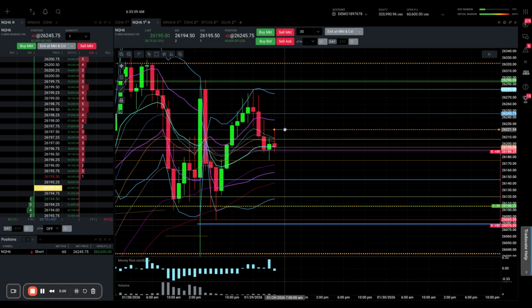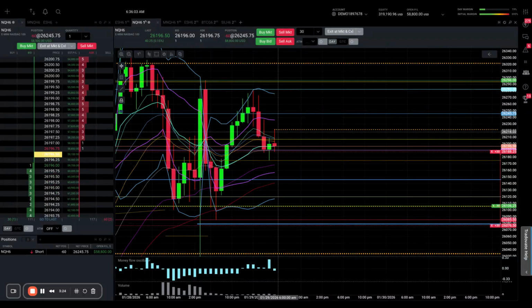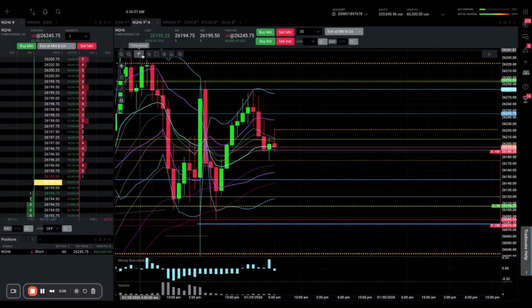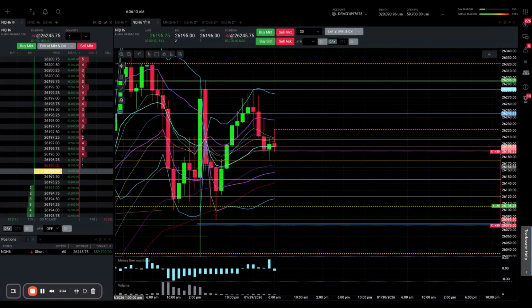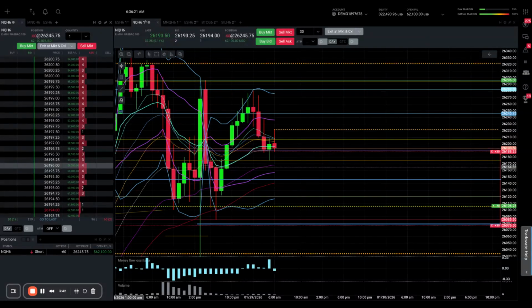Here's the top of the 6 o'clock candle, and we're on the hourly chart right here, my cursor. Price is 26,195 right here, and it's moving up and down. This price will start to move more rapidly as the day progresses and as market opens.